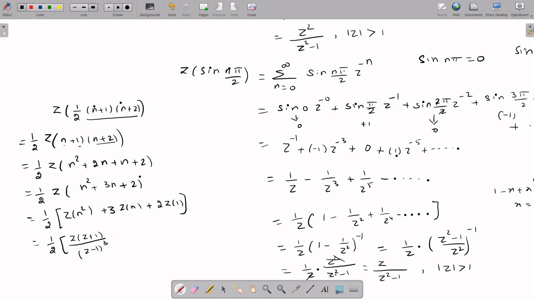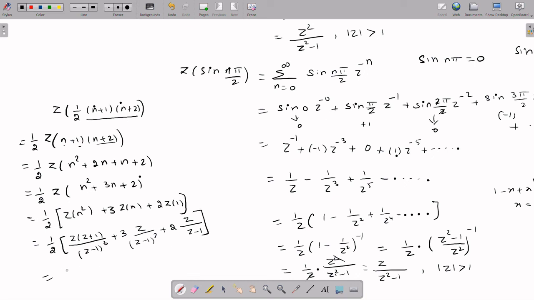Plus 3 into the Z transform of n, which is z by z minus 1 the whole square, plus 2 into the Z transform of 1, which is z by z minus 1. This you have to simplify.